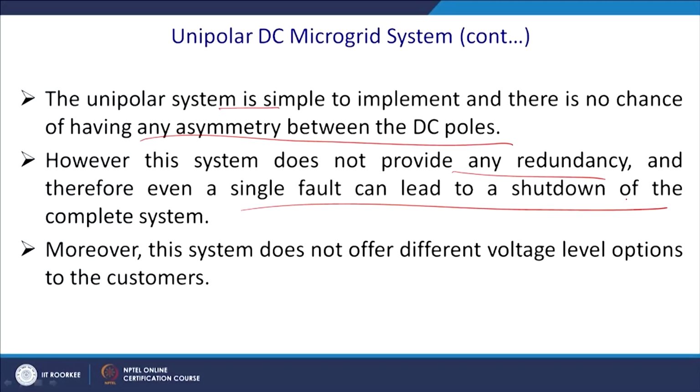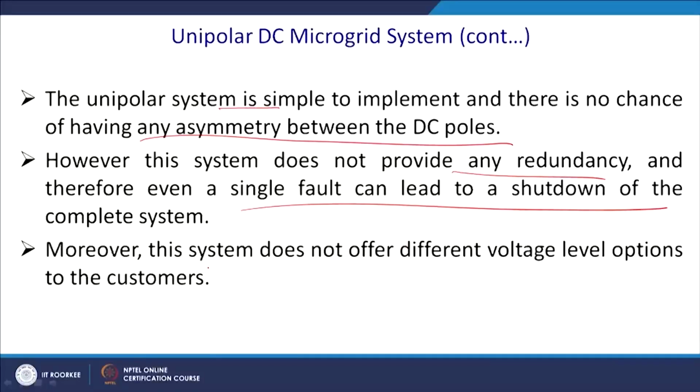I shall discuss protection in detail in a later slide. Protection in a DC microgrid is a very big challenge because you do not have a natural zero here. Moreover, this system does not offer different voltage level options to customers. That is also one of the disadvantages, and thus we require many DC to DC converters, either to step up or step down the voltage to meet the requirement of the particular load or energy resource.